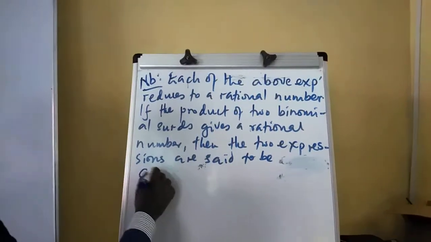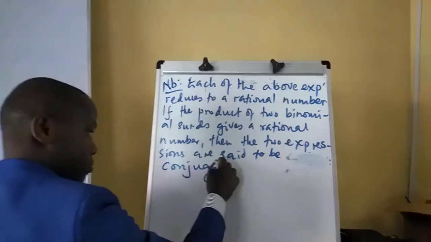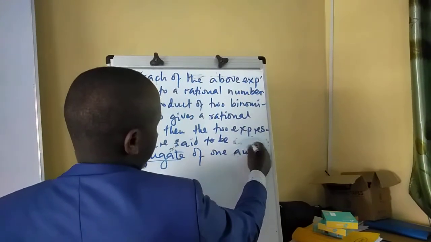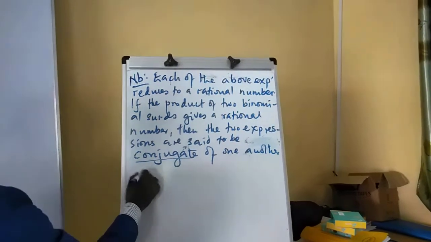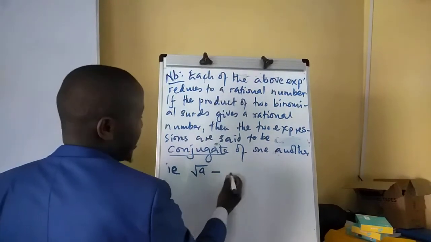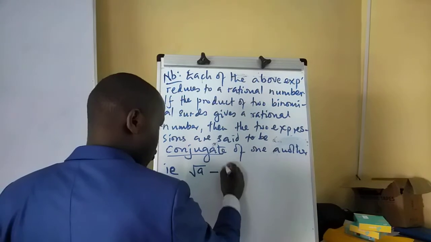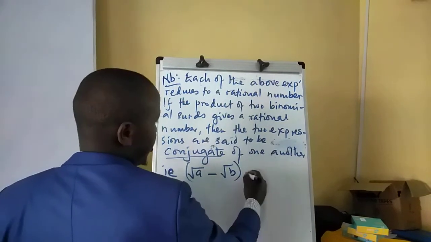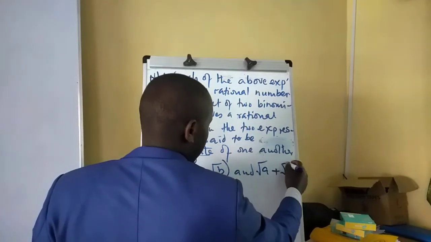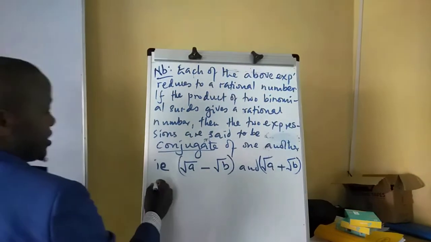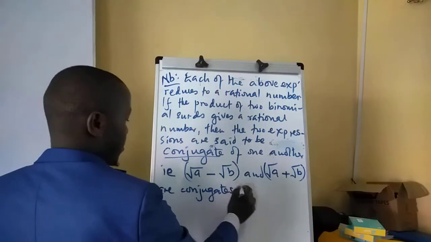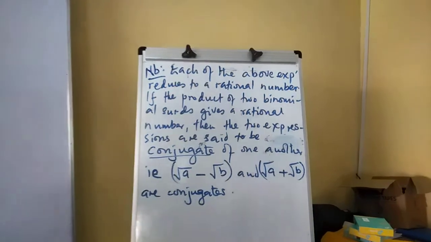They are conjugates of one another. That is, if you have root A minus root B and root A plus root B, we say they are conjugates. They are called conjugates.